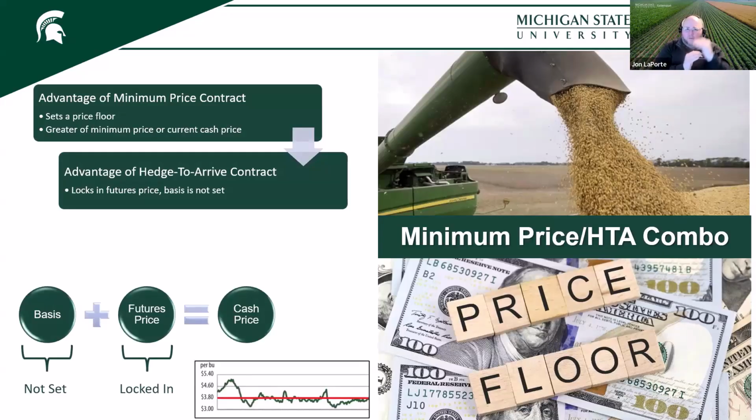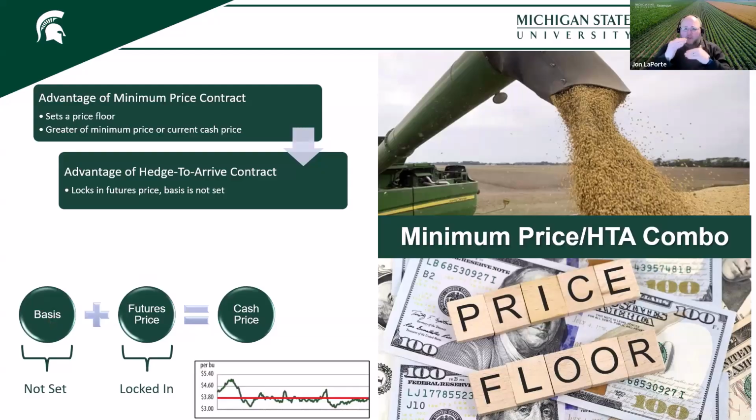So you've got a little bit of upward movement you can grab there because you're going to let that basis hopefully get stronger. And so again, we've got a price floor. We're going to set futures, and we're going to let basis ride out there and hopefully get stronger if we think it's going to be an option.